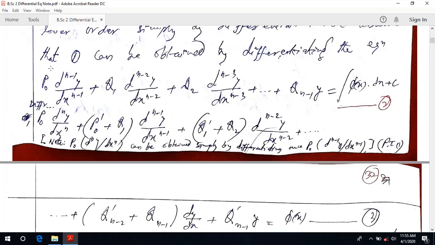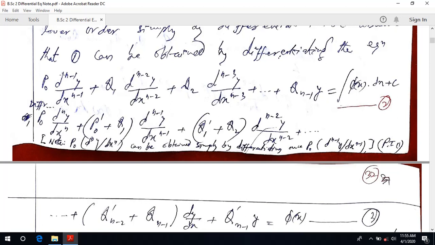So to differentiate such a product term, we have to use the chain rule. You know the chain rule. In the chain rule, what do we do? We first consider p naught as a constant and differentiate the derivative term with respect to x.